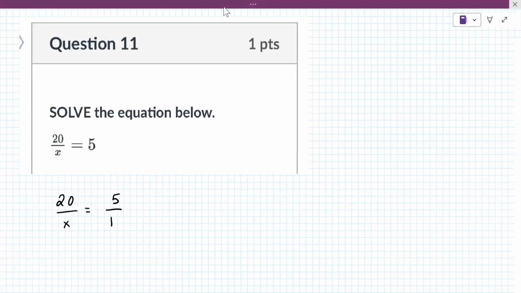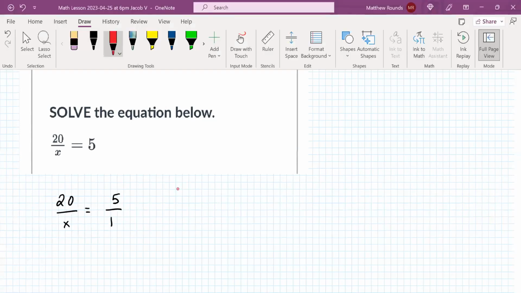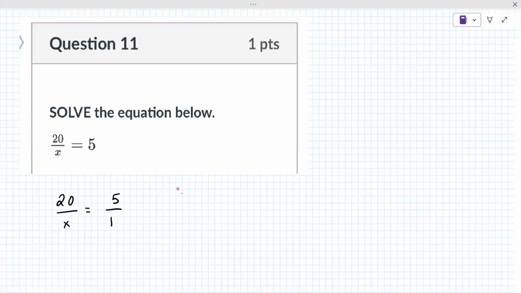There's a couple of things you can do. I know you can just get the answer, but I want you to see a few things that you can do. You can cancel horizontally as well as vertically. What I mean by that, and it works in a problem where you have bigger numbers, is you can divide both of these by 5. That's something that will make this faster. You can also swap positions diagonally.